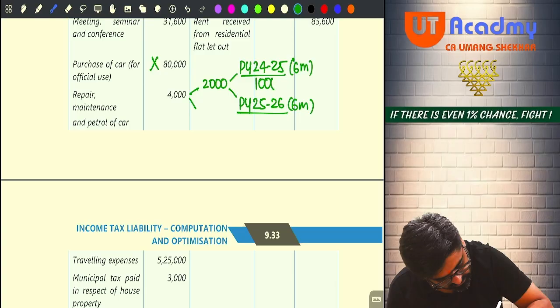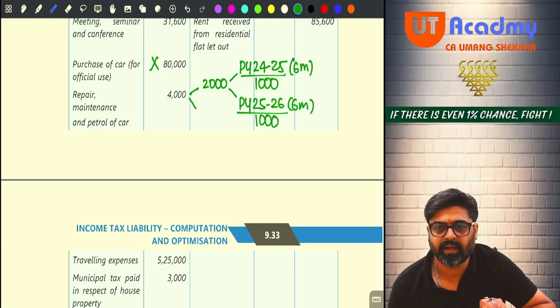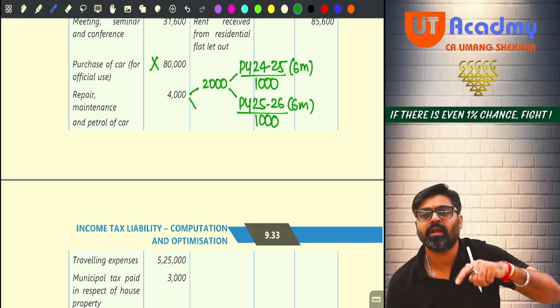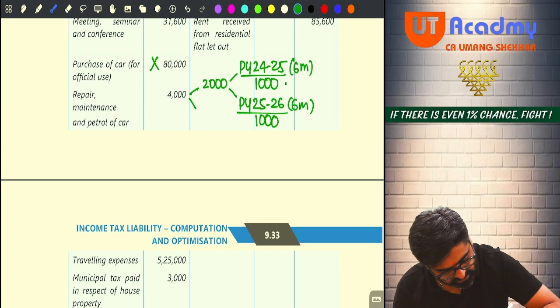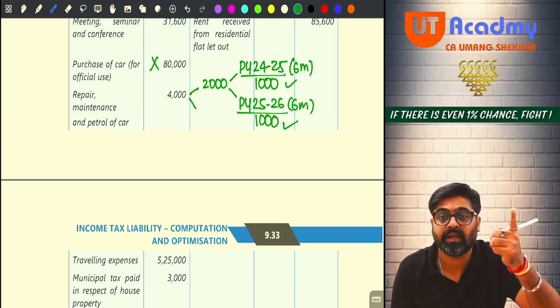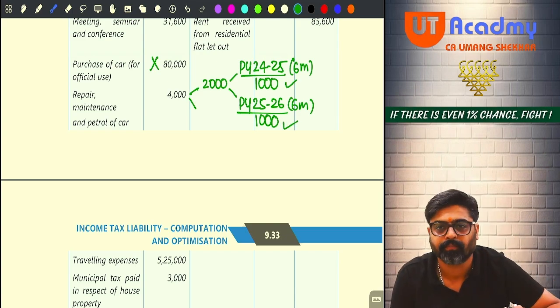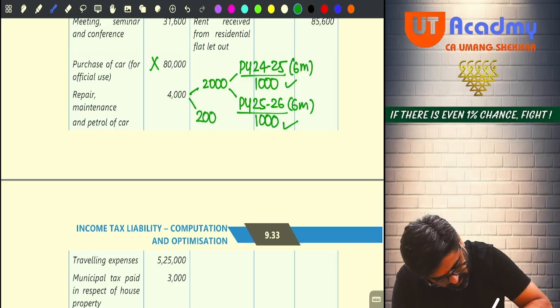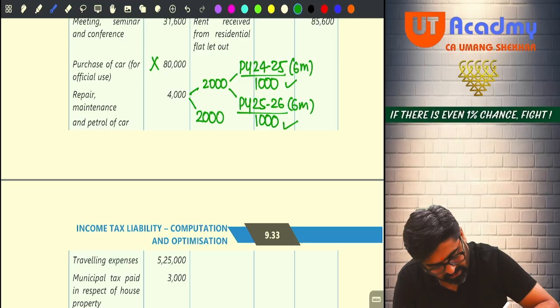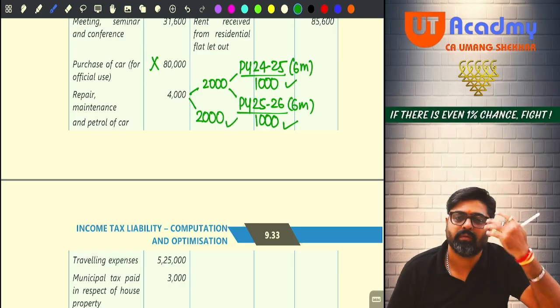It will not make any difference whether this 1000 is for this year, this 1000 is for the next year. If it is paid in this year, has to be allowed in this year because I am maintaining books on cash basis. Entire 2000 allowed. And the balance 2000 is also my repair and maintenance and petrol of the car only, will be allowed in this year.